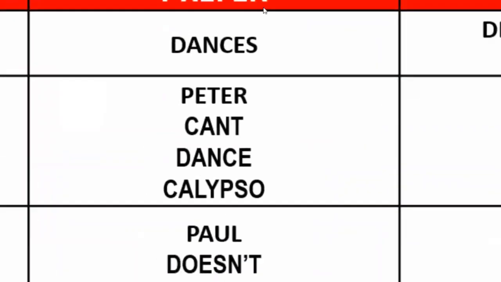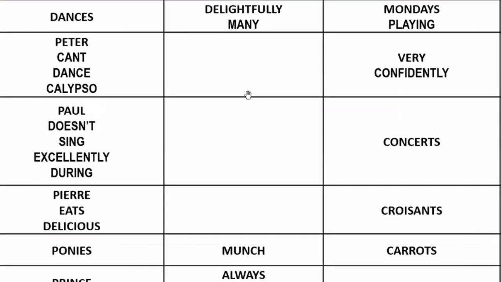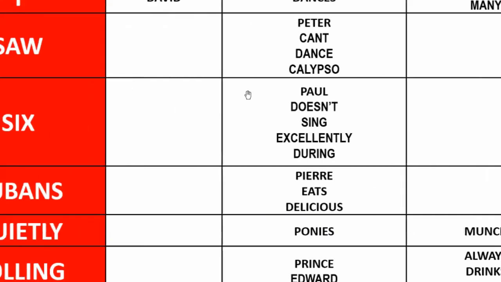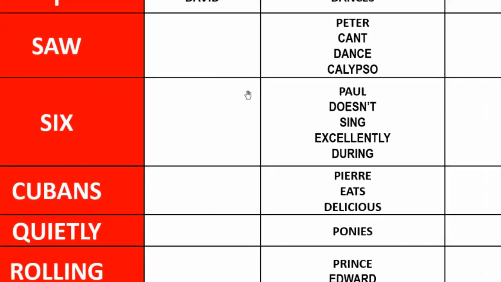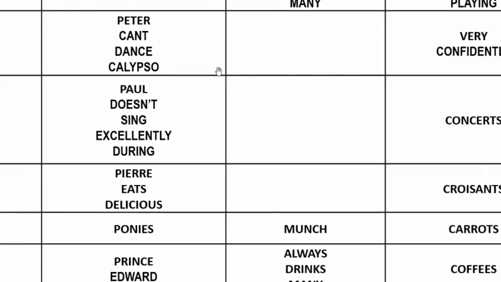For scope, we've got plan scope management, collect requirements, define scope, create WBS, validate scope, and control scope. For schedule, we've got Paul doesn't sing excellently during concerts: plan schedule management, define activities, sequence activities, estimate activity durations, develop schedule, control schedule.